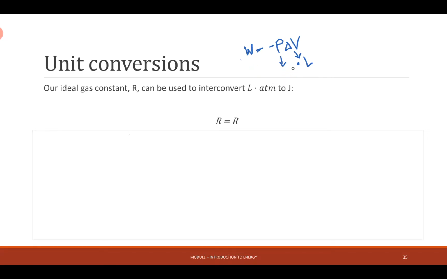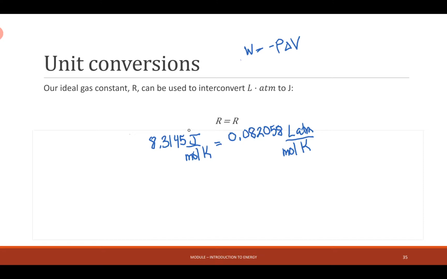We can do that using this equation, where we set R equal to R. Our ideal gas constant R can be expressed in a variety of different units, such as 8.3145 joules per mole Kelvin. And we can also express R in liter atmospheres, 0.082058 liter atmospheres per mole Kelvin.